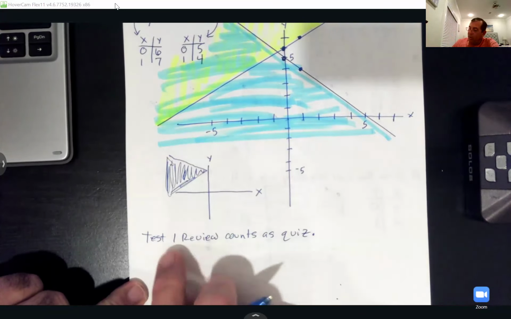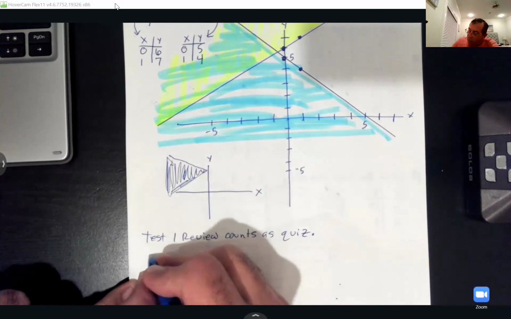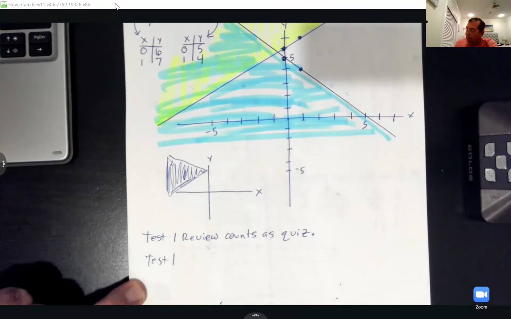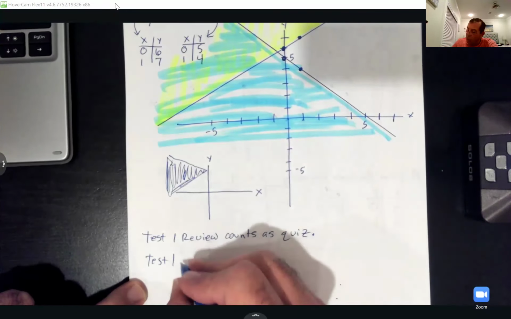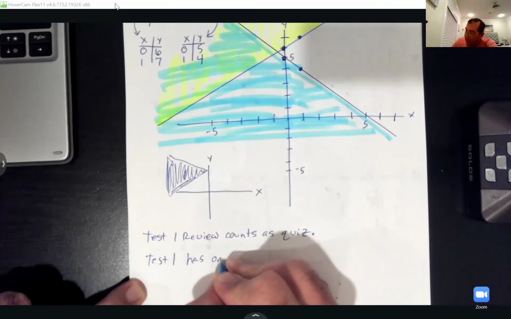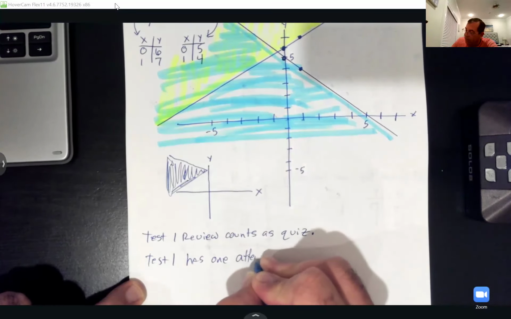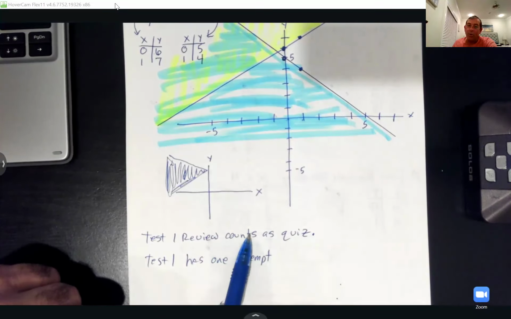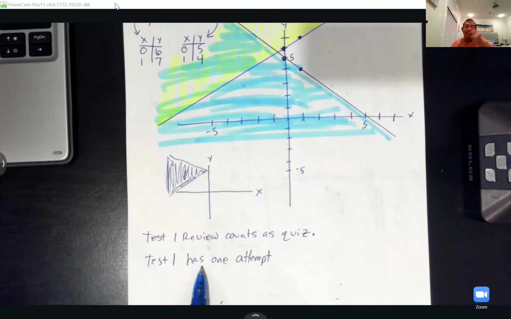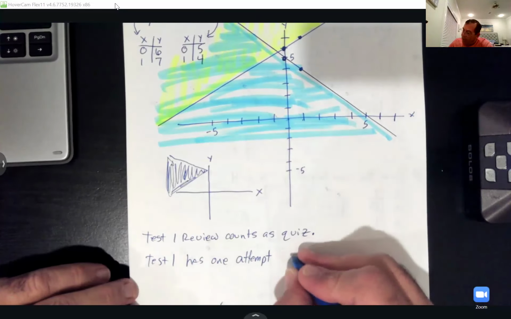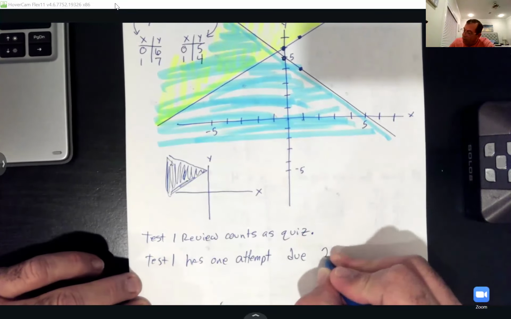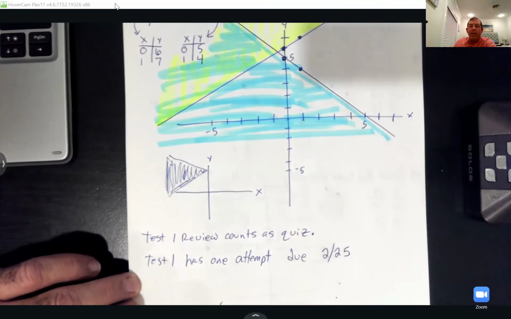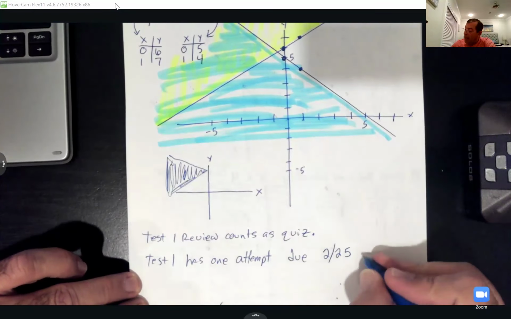So get good on that review. Test 1 has one attempt only. So you want to get good on that quiz before you do your test. And remember, this thing is due February 25th, which is Sunday, by midnight.